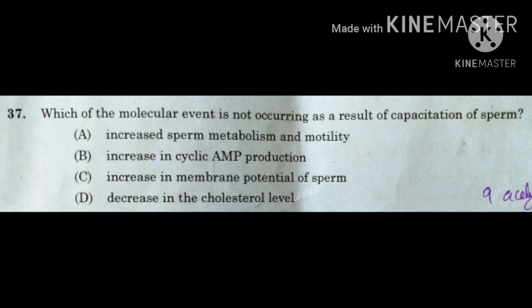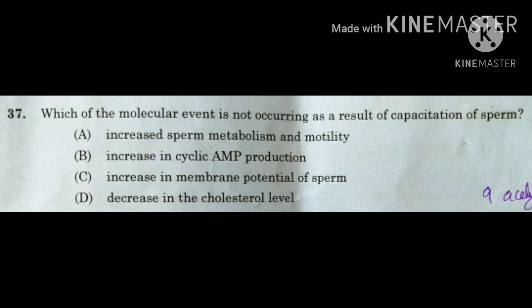The membrane potential of sperm becomes reduced during capacitation of sperm. That's why the membrane of sperm is exhibiting more permeability. So the event which does not occur during the capacitation of sperm is option C, increase in membrane potential of sperm. The correct event taking place during that time is decrease in membrane potential of sperm.